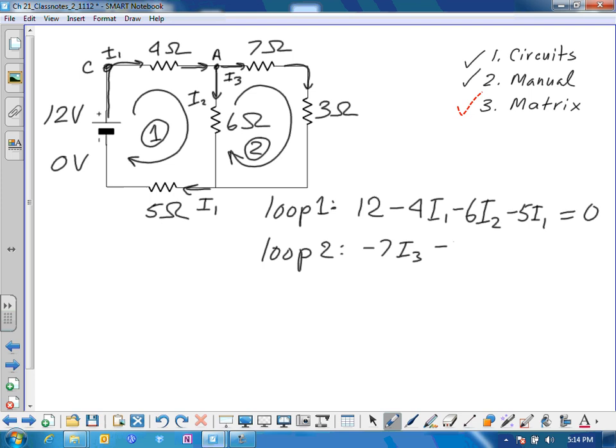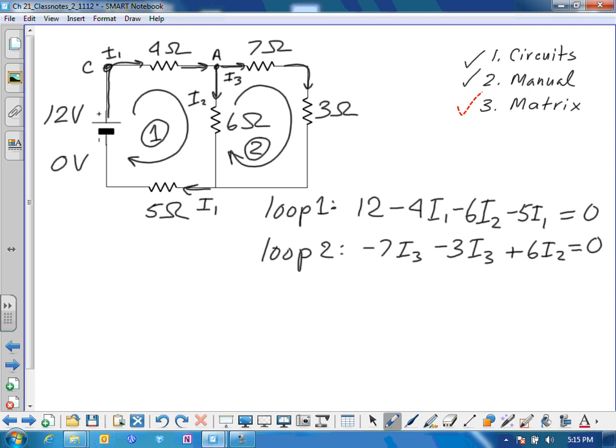I could have combined those, I suppose. And then it loops back up through the 6 ohm resistor. Since the current is going backwards, however you want to say it, we have a positive drop of 6 times I2, and that all adds up to 0.